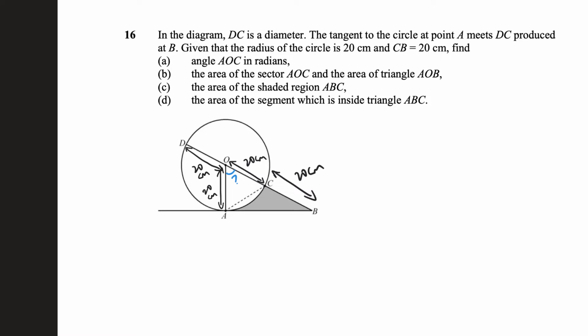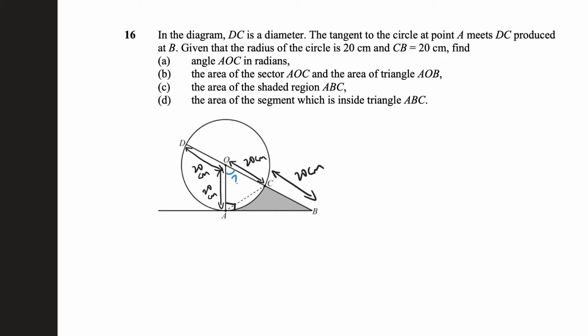So I can say that this is a tangent that meets a circle, and wherever it meets the circle, you draw a straight line to the center. We know that the tangent connected to the radius of a circle will form 90 degrees. So we know that that is 90 degrees.